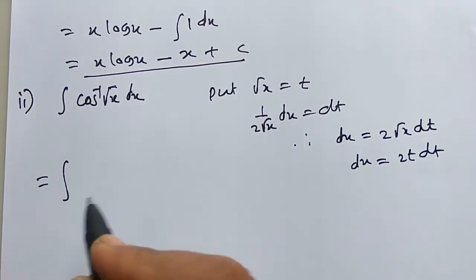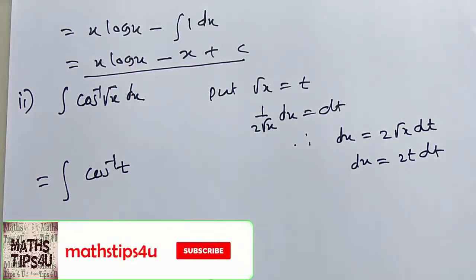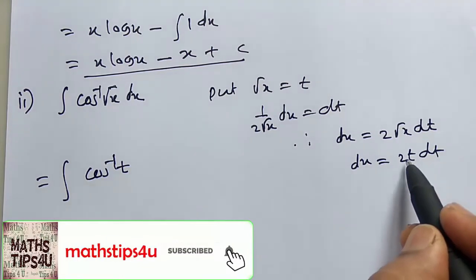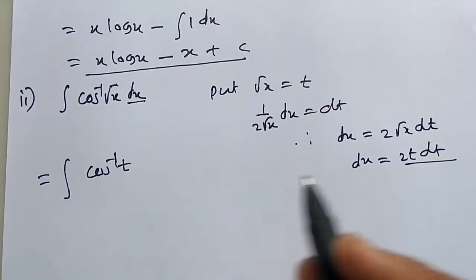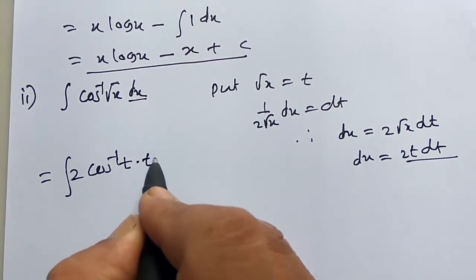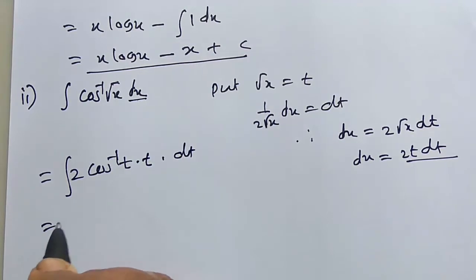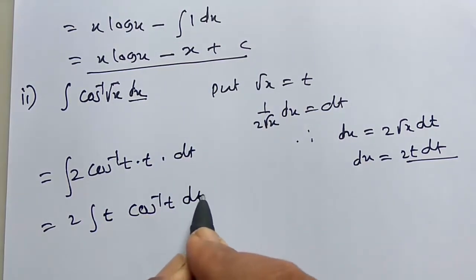Therefore, the given integration becomes cos inverse of t, and dx is replaced by 2 times t dt. So it is 2t cos inverse of t dt.